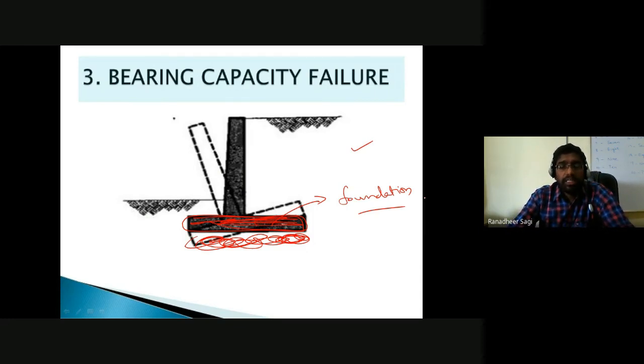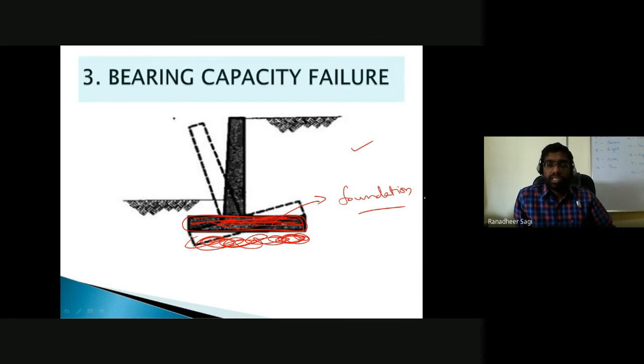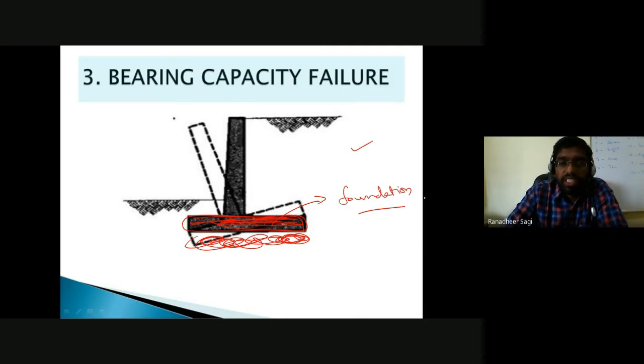In case the force you are trying to transfer from the base of the retaining structure onto the soil is greater than the bearing capacity of that soil, or the load carrying capacity of that soil, which we call the allowable bearing capacity, then we say your retaining structure is failing because of the bearing capacity criterion.